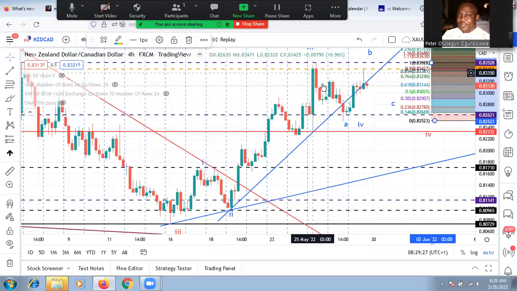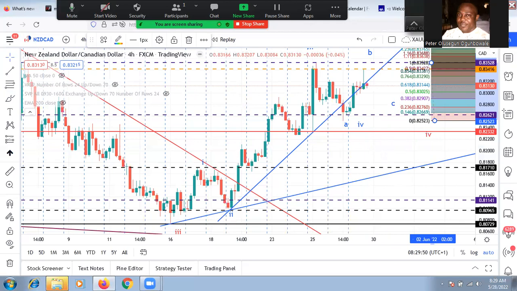Yes, it did come down as a 5-wave structure. Now, price presently had gone a bit beyond 85, which means that there's a tendency for this one to still correct more, to go more upside. So we are seeing that this one is likely to still go more upside.